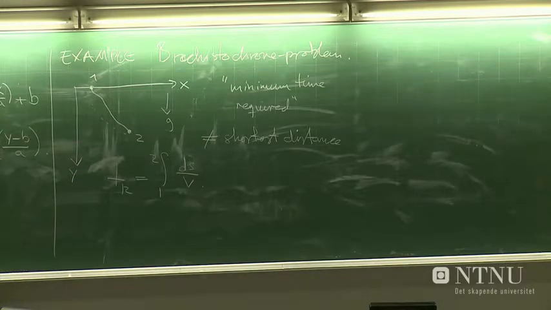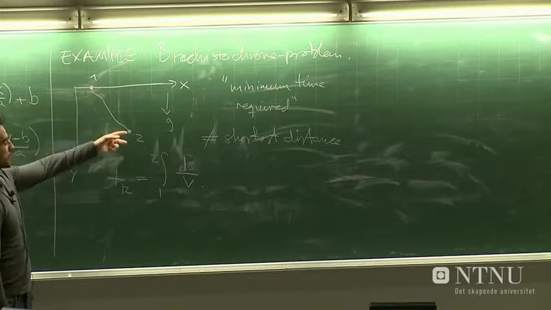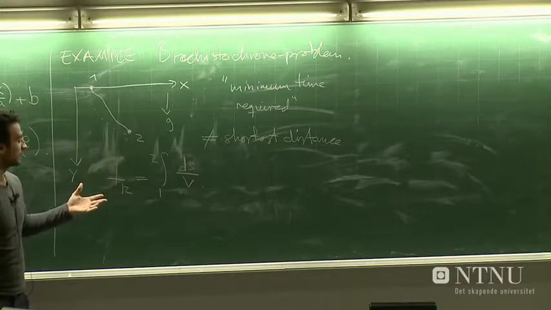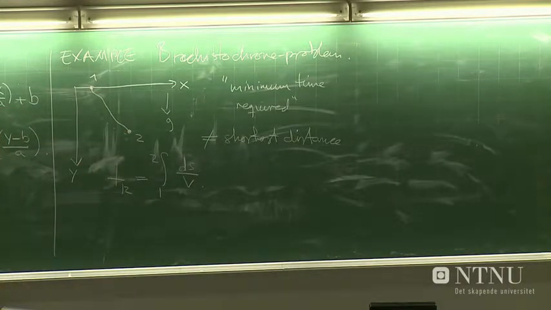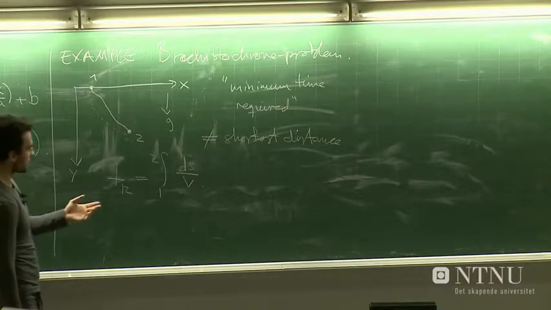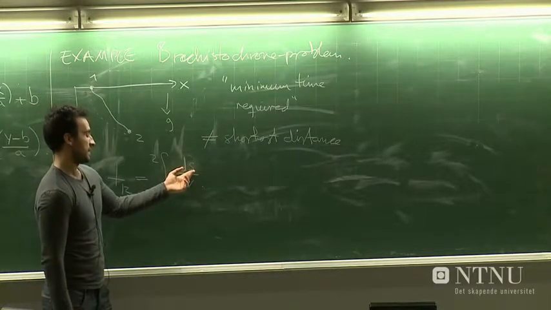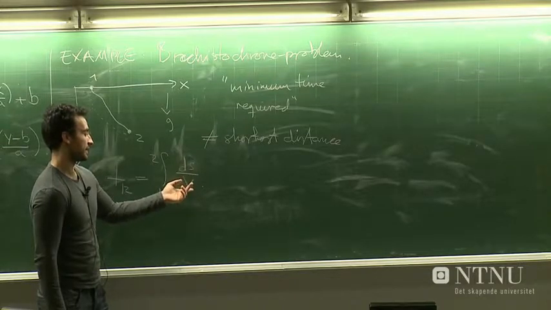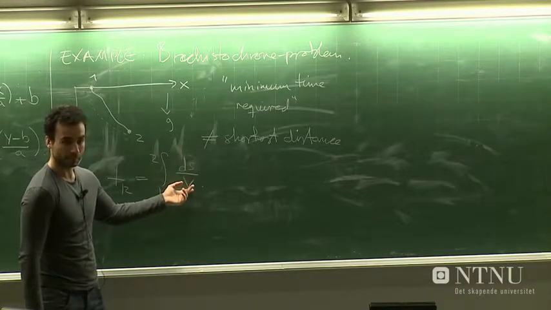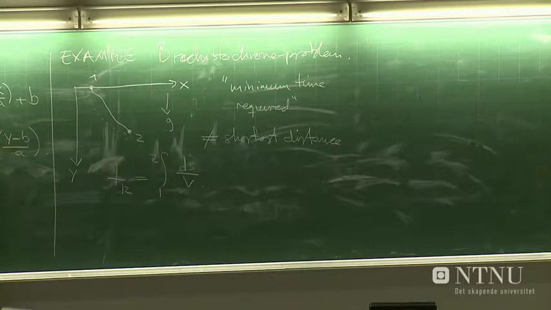Since we're interested in finding the path or the curve linking 1 and 2, which gives the minimum time, it's natural to express t12 in terms of an integral over infinitesimal lengths, ds. And time is equal to dt is ds over v, so we get this expression.